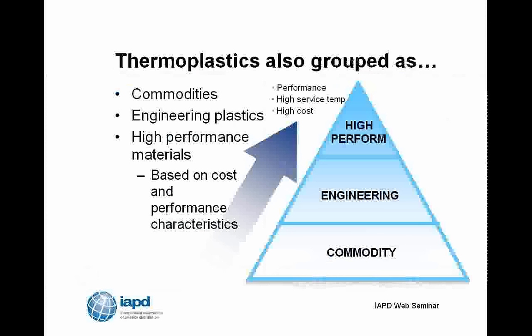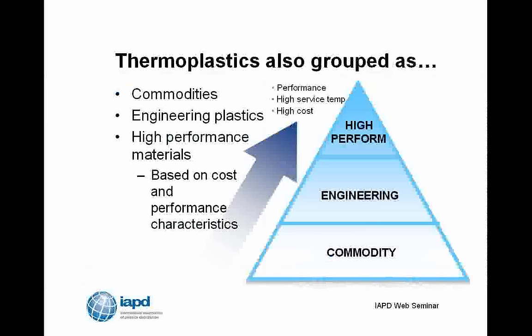Additionally, there's another useful way to think about plastic materials. You can arbitrarily divide them into three groups. Commodity plastics, which are kind of inexpensive, low-temperature plastics that don't exhibit high-performance characteristics. So they're common plastics that you would see in everyday applications.